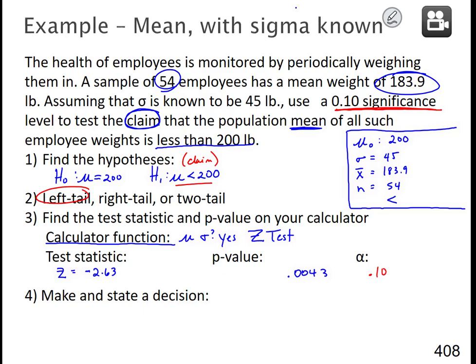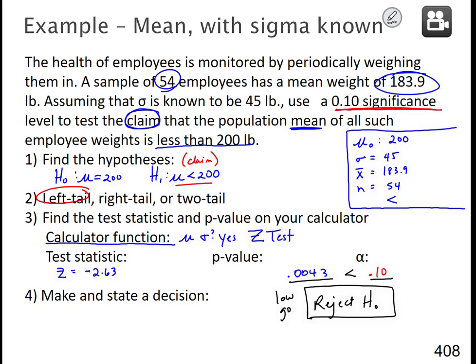This time when we compare them, 0.0043 is less than 0.10. If the p is low, then the null must go. So our decision is going to be to reject h sub 0. I know those little phrases are silly, but hey, they stick in our head.